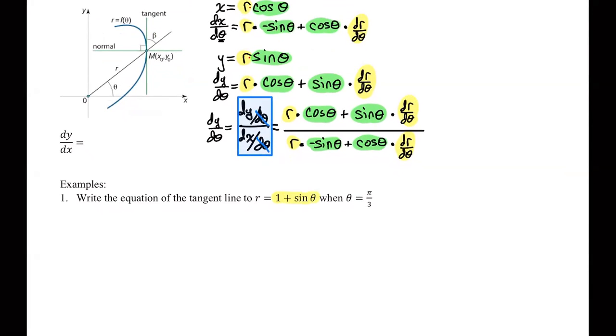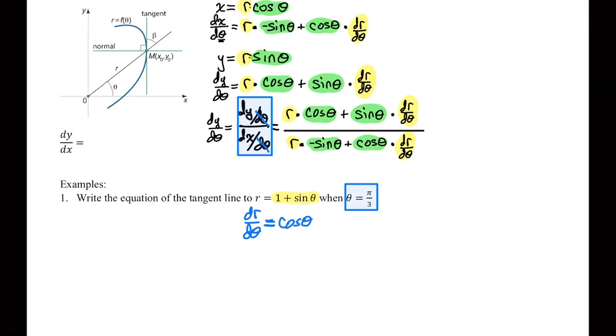Replace all the r's with 1 plus sine theta. Then I have cosine theta, sine theta, and also dr d theta. Well, I could figure out dr d theta. I have an r in terms of theta. I just need to take its derivative. That'll give me a cosine theta. So I can plug that in for all my dr d thetas.